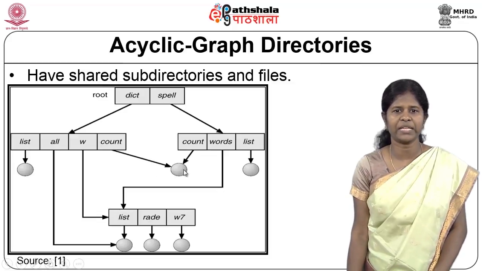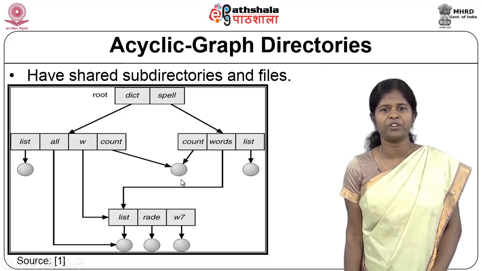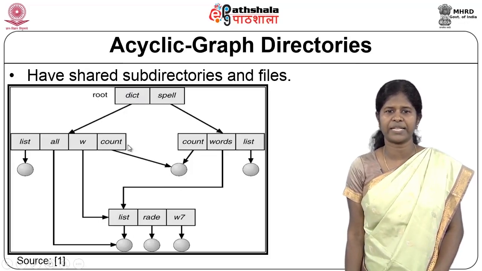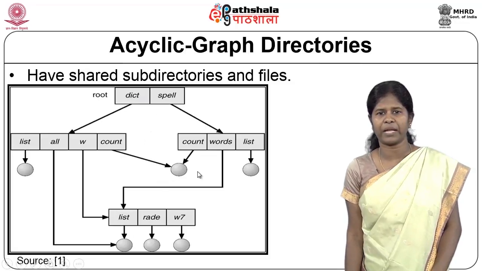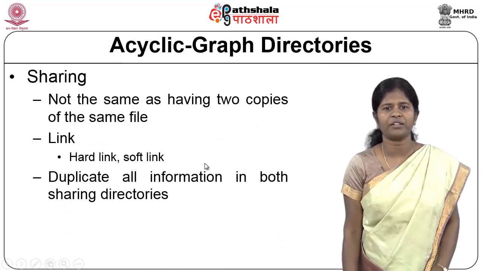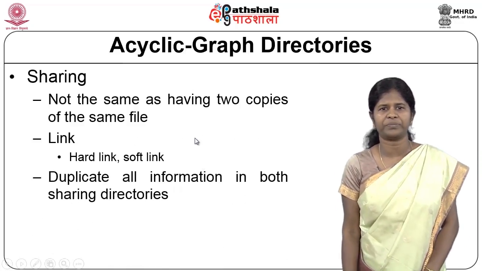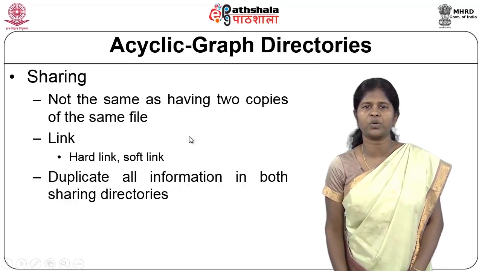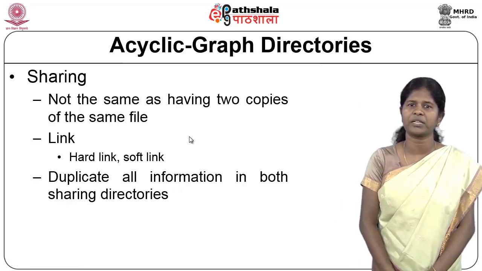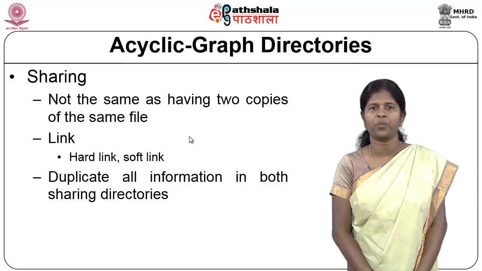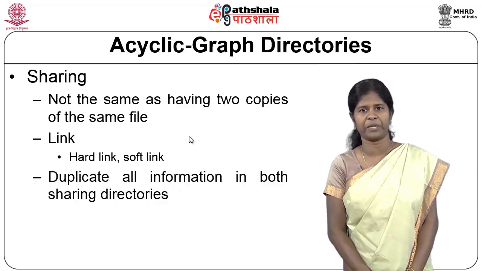Here you see that there are two different path names for this particular file. This file can be accessed using the path name dict/count or using the path name spell/count. So, here sharing is allowed, and this will be helpful especially when there are two people working on the same project and they have a directory which contains files which need to be shared between the two different people.